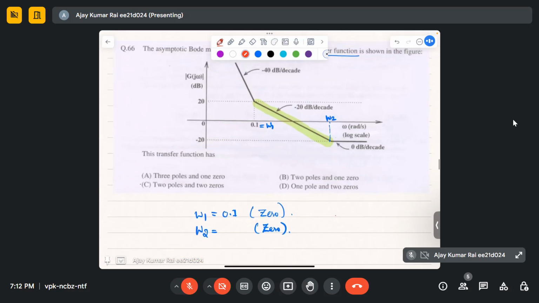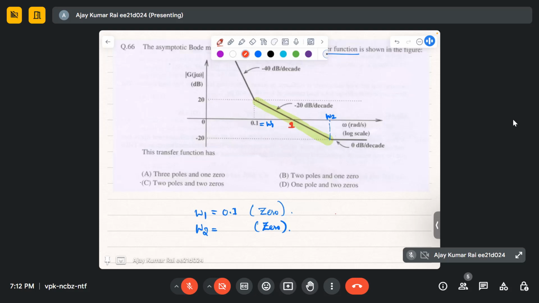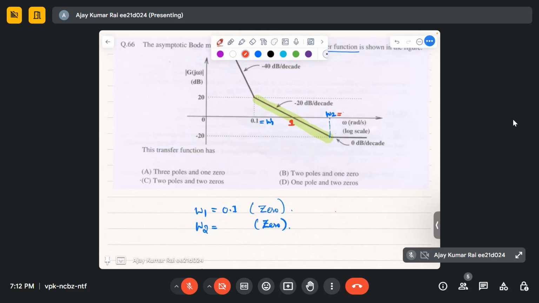At 0.1 it is 20 dB, so one decade above, at omega equal to 1, it should be 0 dB. Going one decade above again, at 10, the magnitude decreases to minus 20.